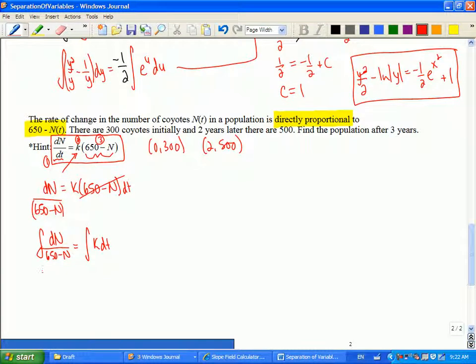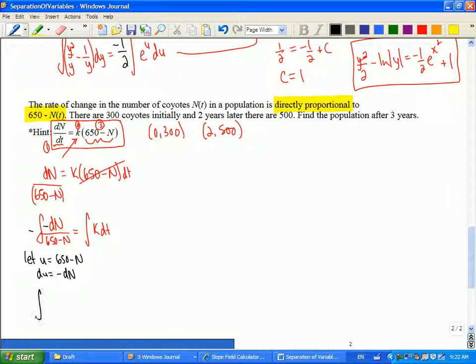So here's this integral here. I'm going to need natural log to do it. We could make a substitution if you're more comfortable, so why don't we try that? We could say let u equal 650 minus n. Then du is negative dn. So I'd have to put a negative to balance it out.